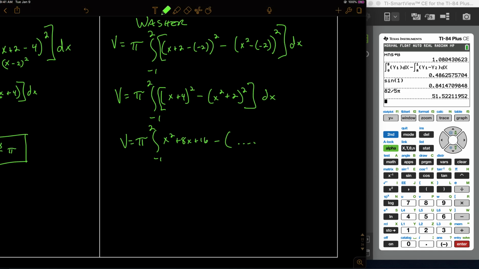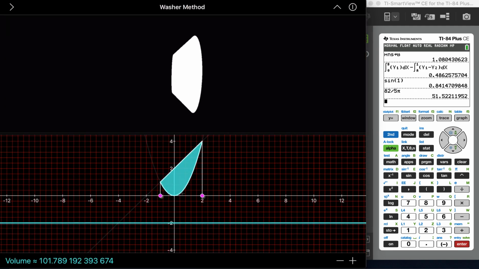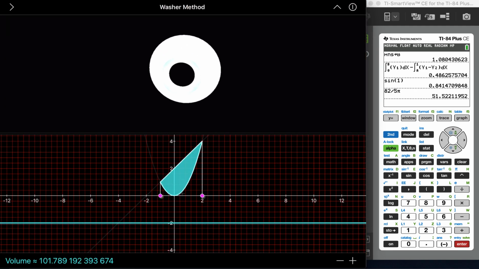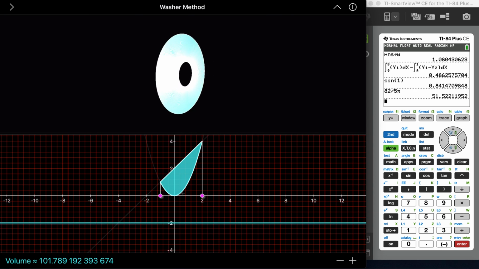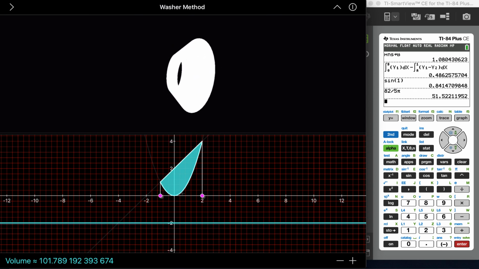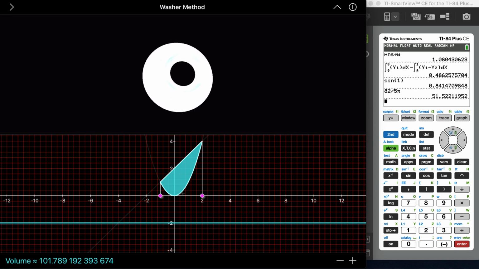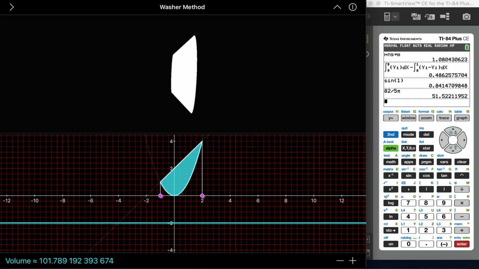All right, welcome back. So let's look at our region. I adjusted, made the axis of rotation -2, so we'd get this thing. It's got a hole. This time it goes right through the middle because no part of the region touches the axis of rotation. So this is like a lampshade, I guess, with a rounded funnel taken out on both sides. But that's our volume that we're finding. This guy tells us that it's 101.789 approximately.